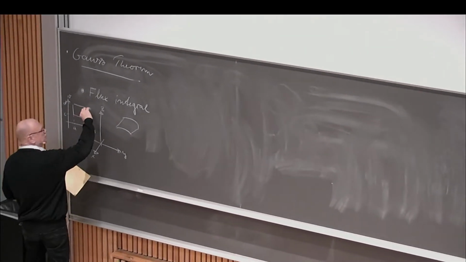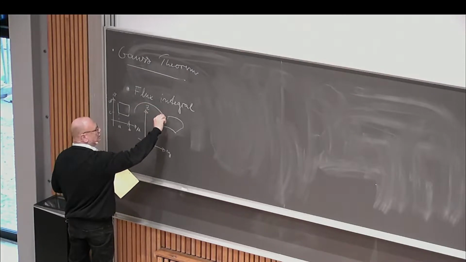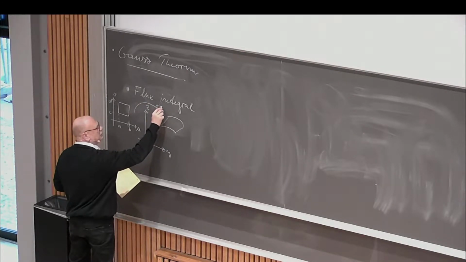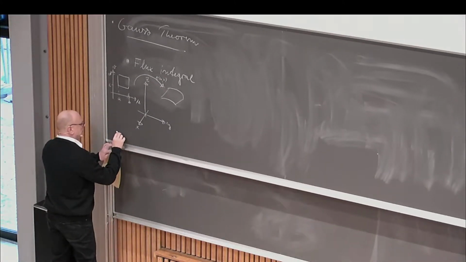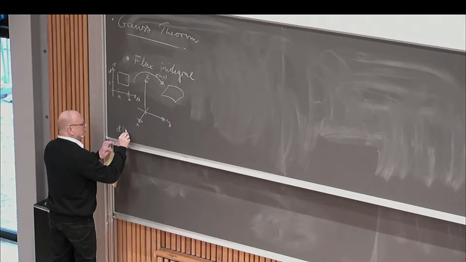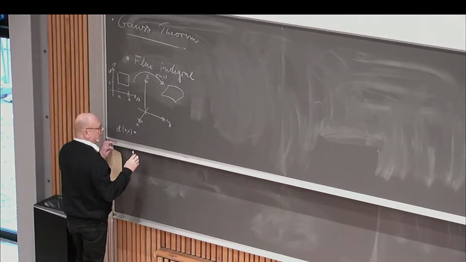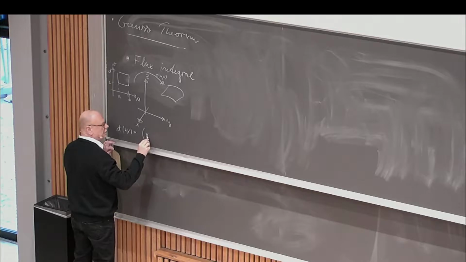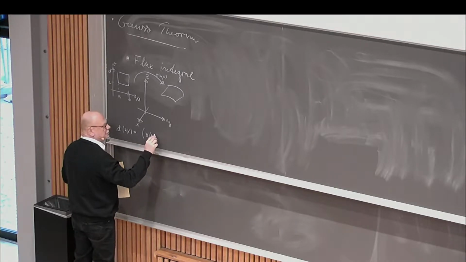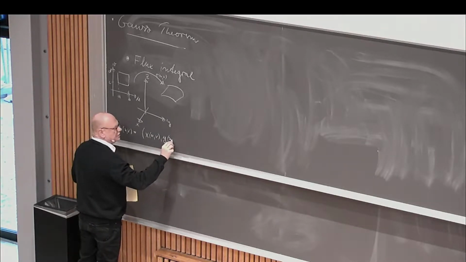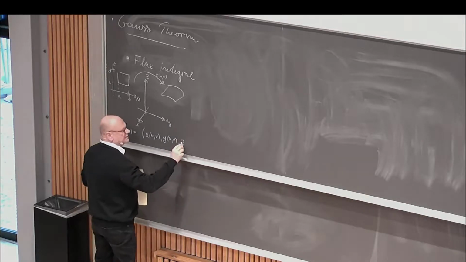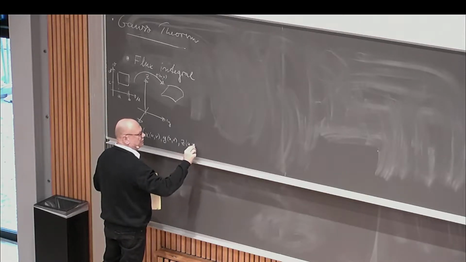And then we have this parametric representation, r of u comma v. And this is, of course, given in terms of the coordinate functions. The first coordinate x is a function of u comma v, y is a function of u comma v, and z is a function of u comma v.